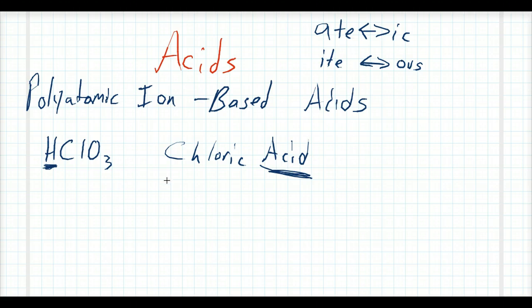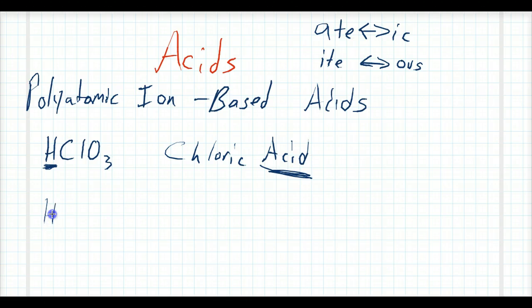Not only was it an acid, hydro meant that it was a binary acid. It was just H and another element. Because these are polyatomic ion based, they're not binaries, we leave off the hydro. And because this is chlorate, it's considered chloric acid in the acidic form.